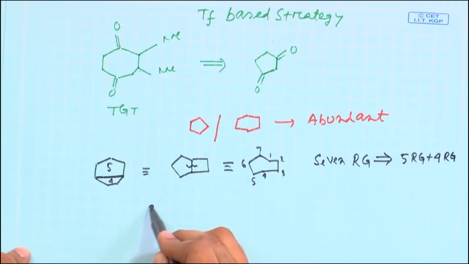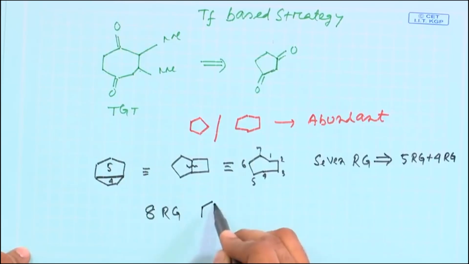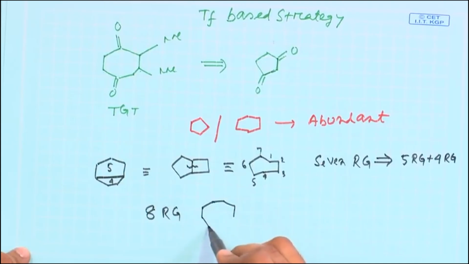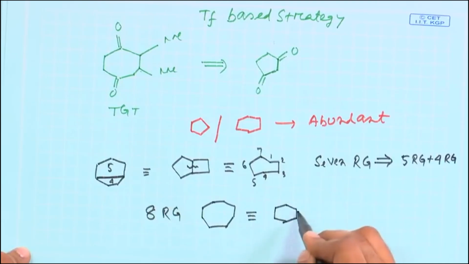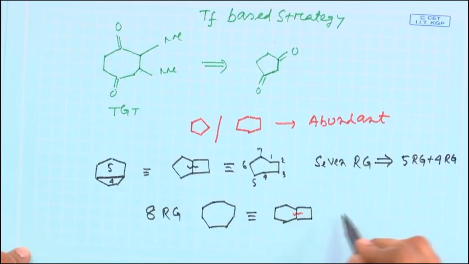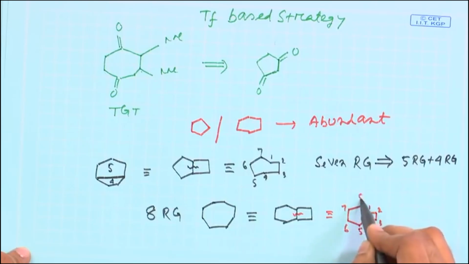The similar way, if you have an 8 member ring, let us say you are having an 8 member ring which might be a target molecule, then you do this disconnection here, you will basically get, what is this? 1, 2, 3, 4, 5, 6, 7, 8.